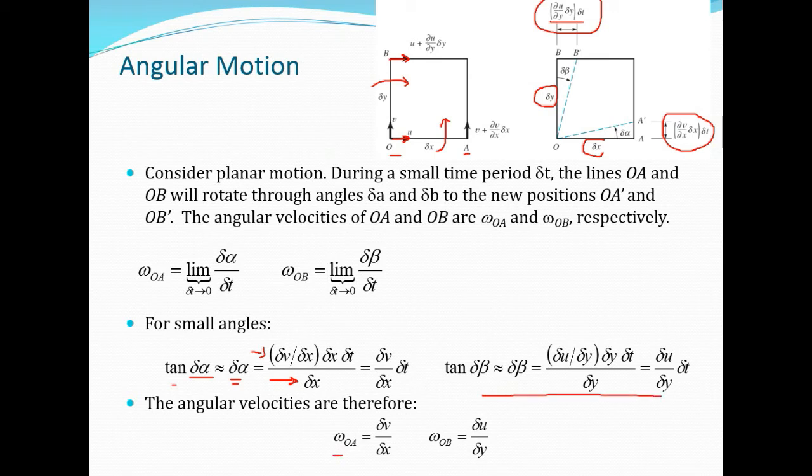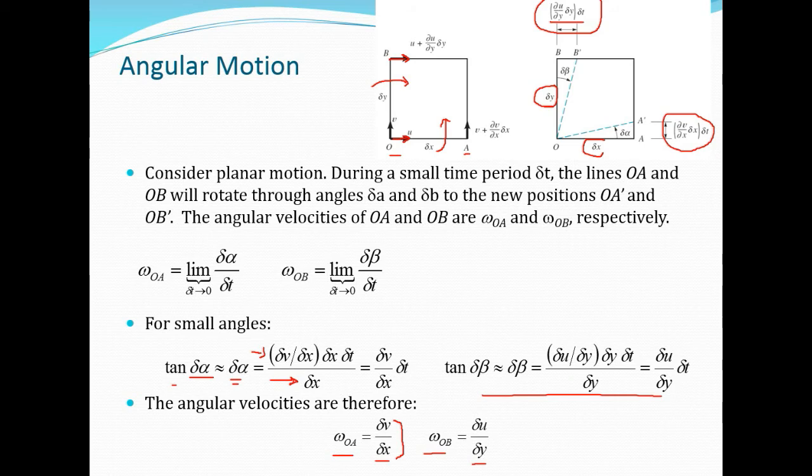You'd end up seeing that these angular velocities are really just equal to the derivatives with respect to the opposite dimension. When I say the opposite dimension, I mean that v is the velocity in the y direction, but we're looking at its change with respect to x. U is the velocity in the x direction, but we're looking at its derivative with respect to y.